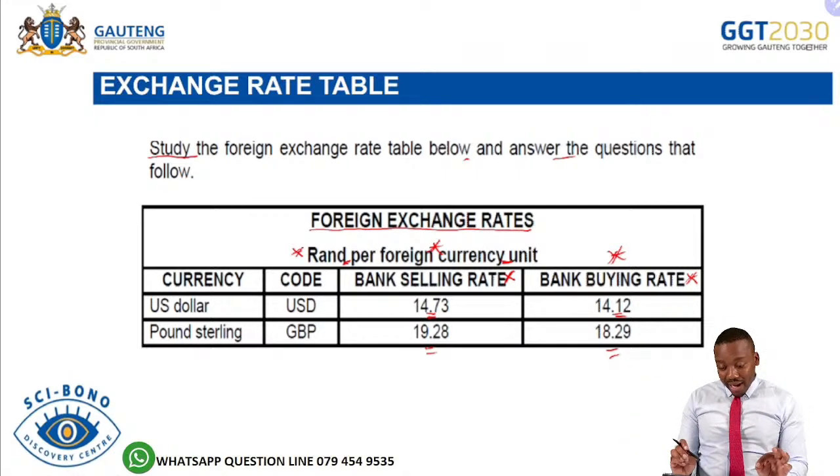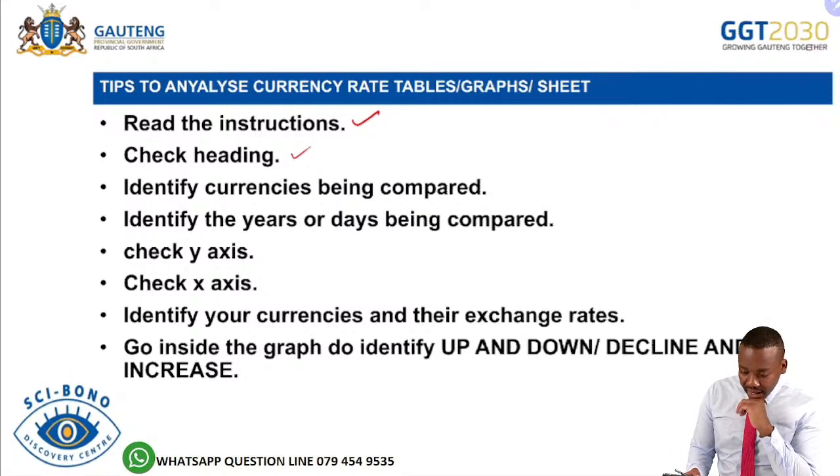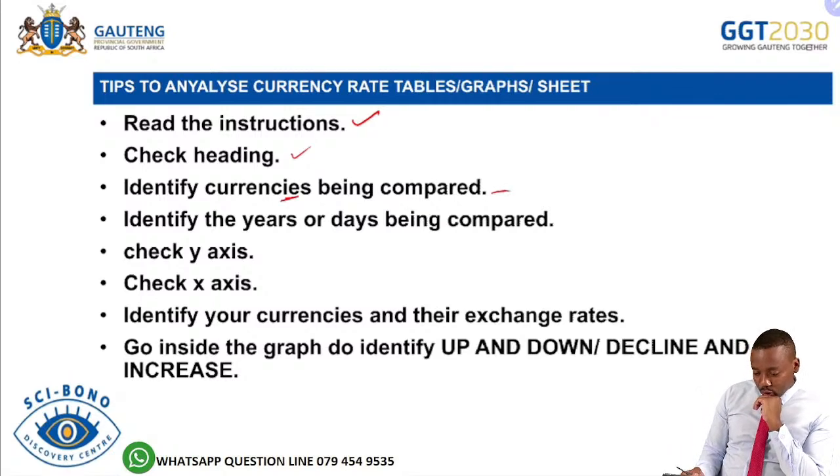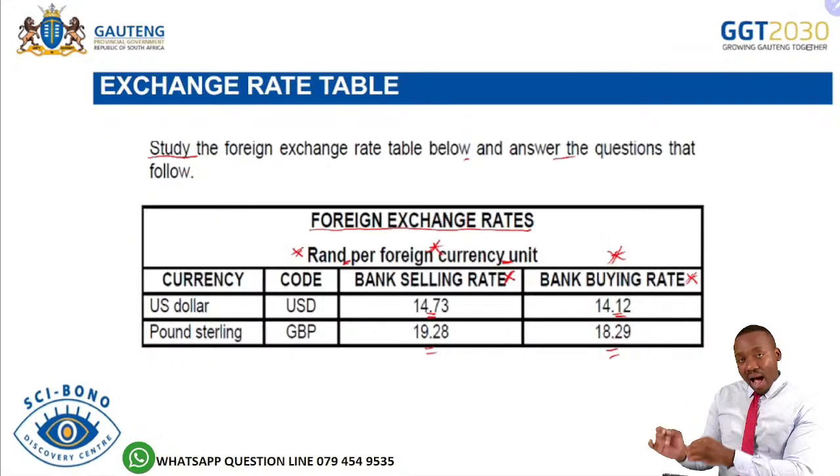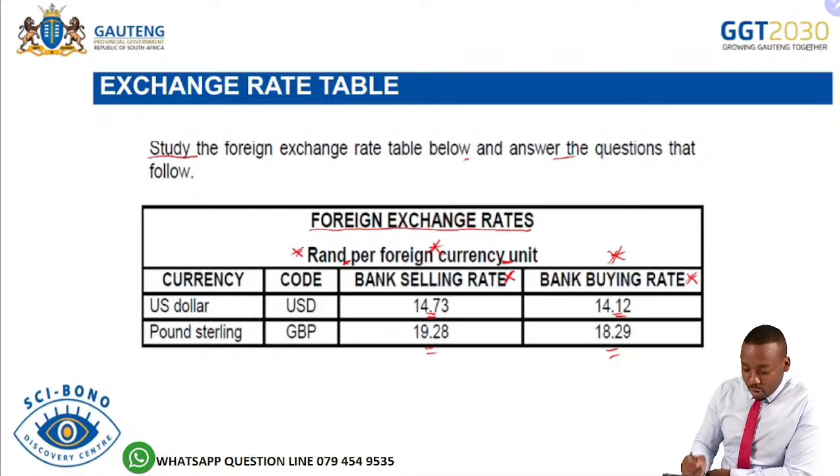So you are highlighting there that you know, oh, I'm comparing rand. So for us in this context, the rand will be our local currency. Then identify the currencies being compared. Let's go to our table. Now we know that they are comparing rand and other currencies. Check your blocks.